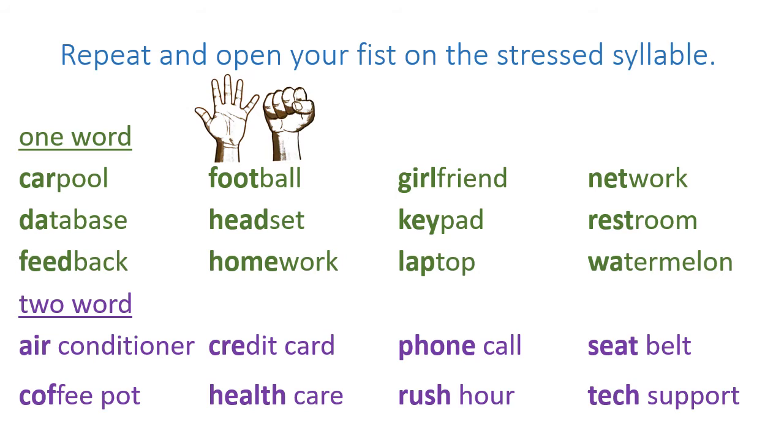Laptop. Network. Restroom. Watermelon. Air conditioner, coffee pot, credit card. Health care. Phone call, rush hour, seatbelt. Tech support.